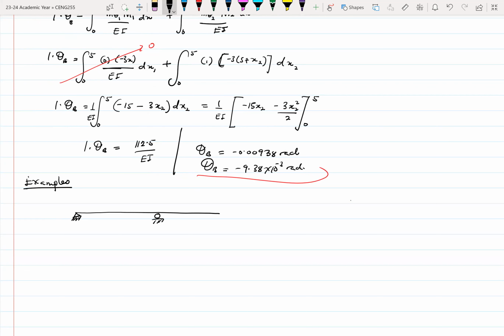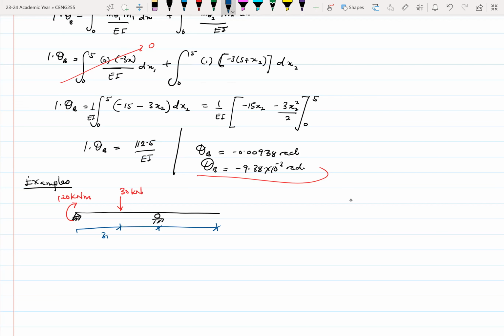Okay. So let's look at a beam experiencing these external loads. This is 120 kilonewton meter. And then there's a point load somewhere here, which is 30 kilonewtons. All right. Then we have all of these different lengths.